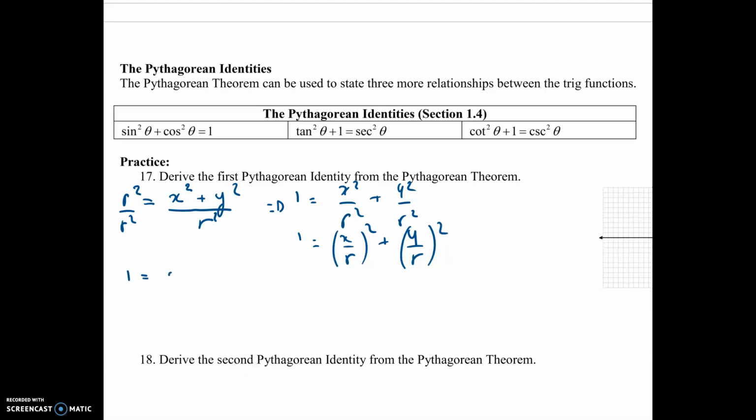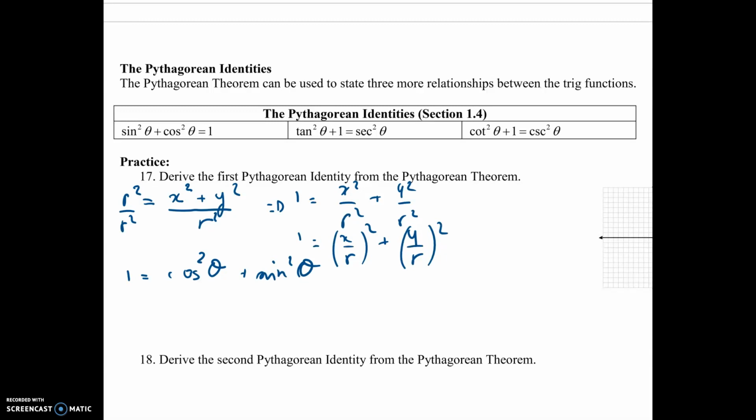So 1 equals cosine squared of the angle theta plus sine squared of the angle theta.